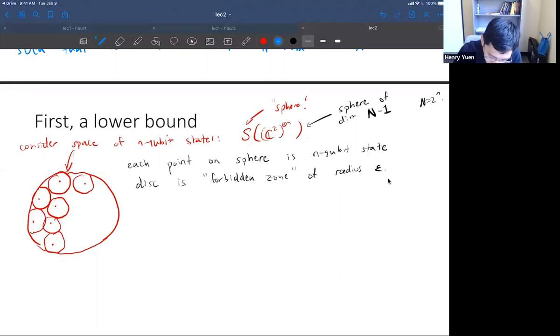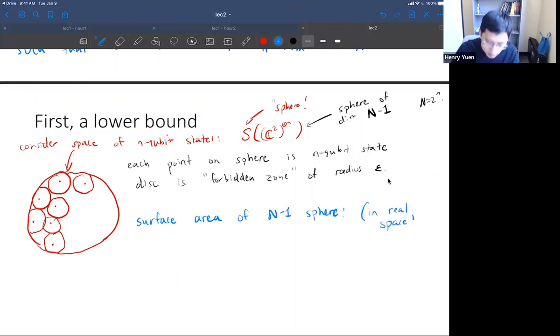So if you look on Wikipedia about these n-spheres, everything's written in terms of real space. So let's just work with that to keep things simple. It's basically similar in complex space.